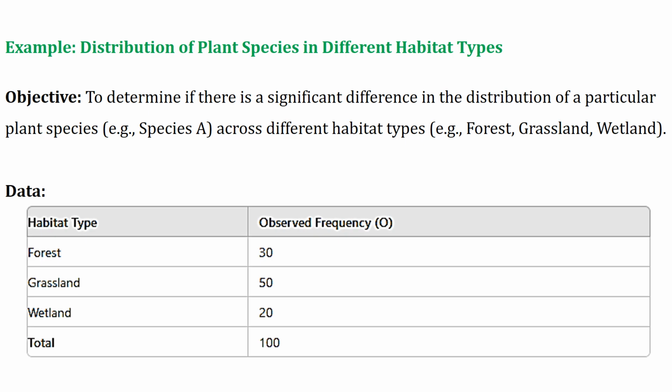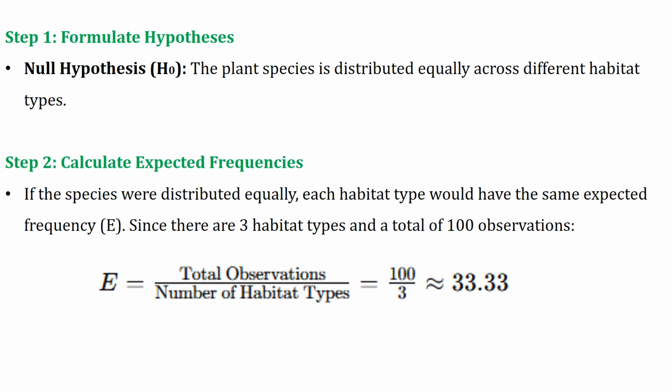Let's determine if a plant species is equally distributed across forest, grassland and wetland habitats. We'll use the chi-square test. Step 1. State the null hypothesis. Step 2. Calculate expected frequencies assuming equal distribution.